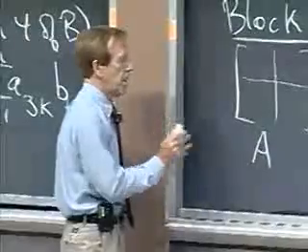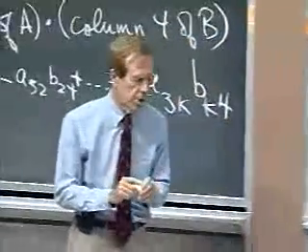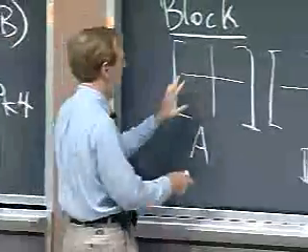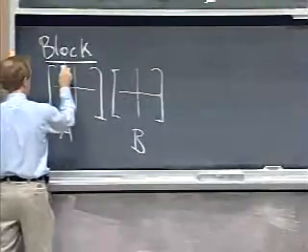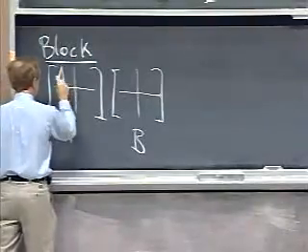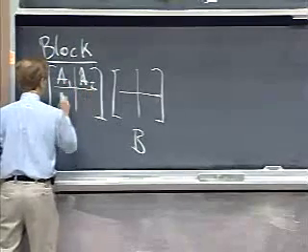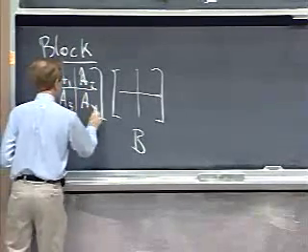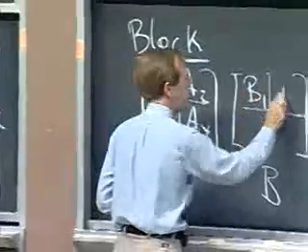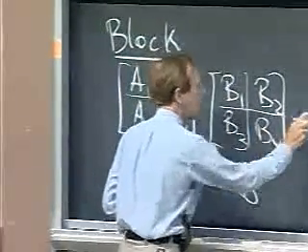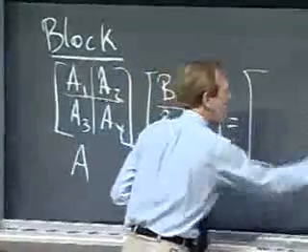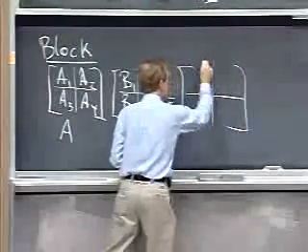So here's the rule for block multiplication. If this has blocks A1, A2, A3, A4, and these blocks are B1, B2, B3, and B4, then the answer, I can find that block.